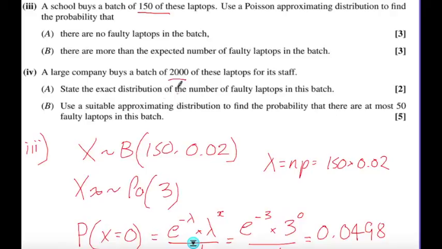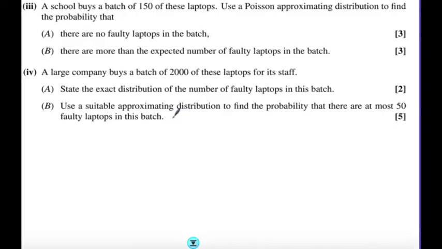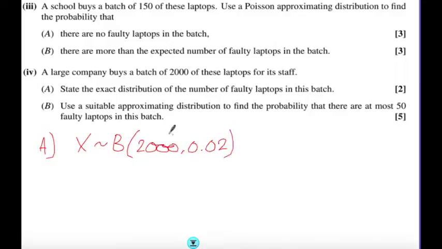So the exact distribution of the number of faulty laptops in the batch, they're not asking for anything to do with the normal distribution. They're asking for the binomial. So the binomial is 2000, 0.02.